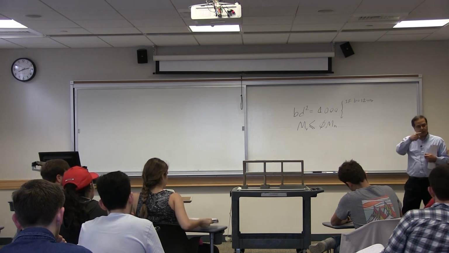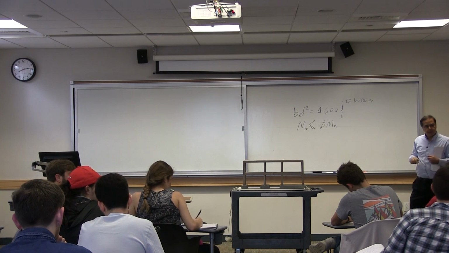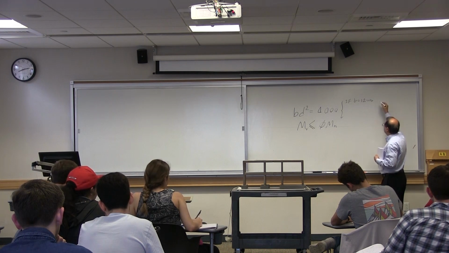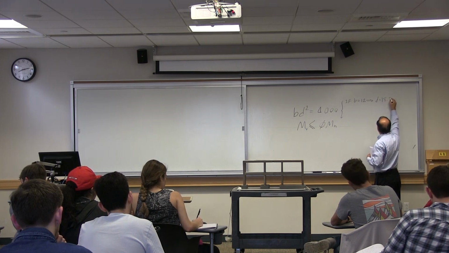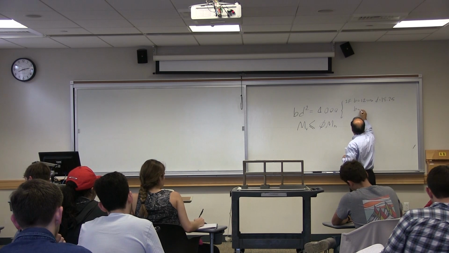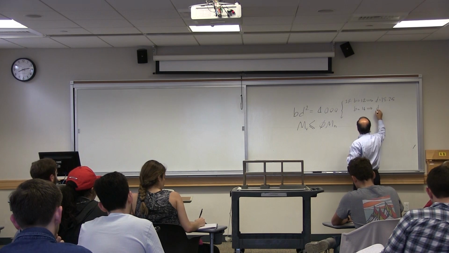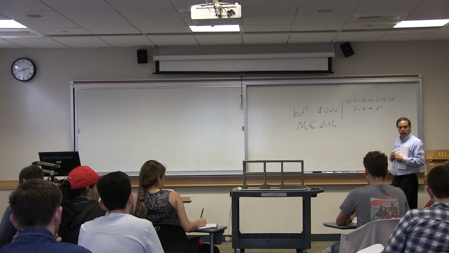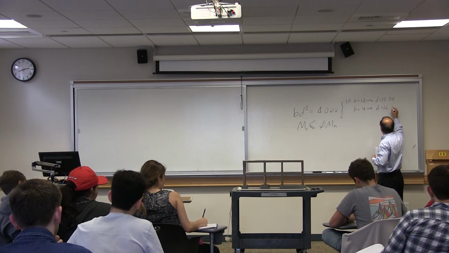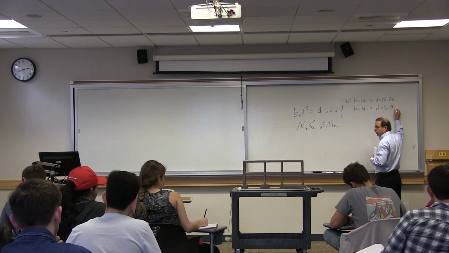Let's just finish this one and then we get to the next question. 18.25. If B is equal to 14, D is equal to 16.90.